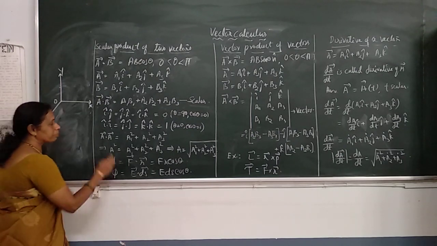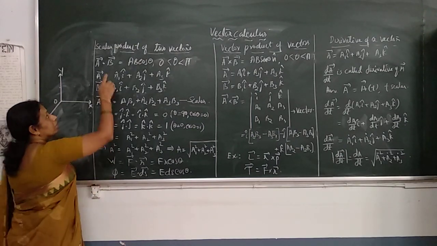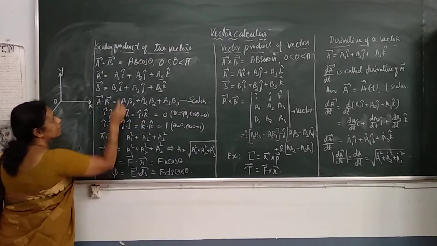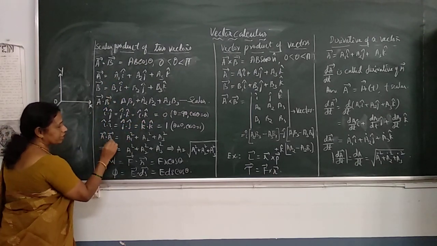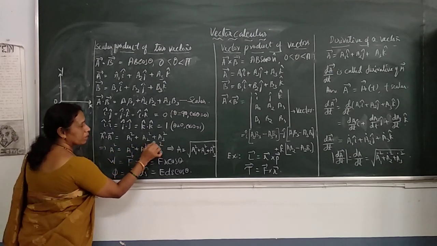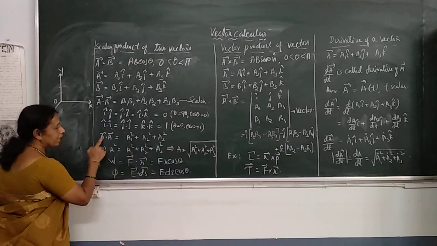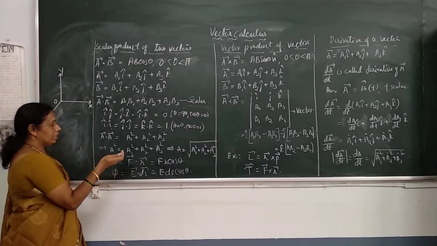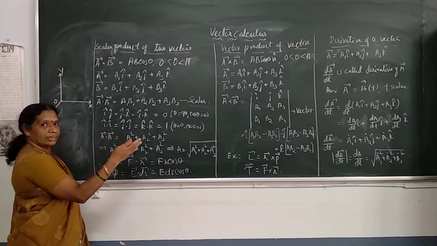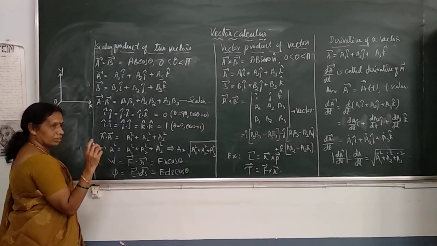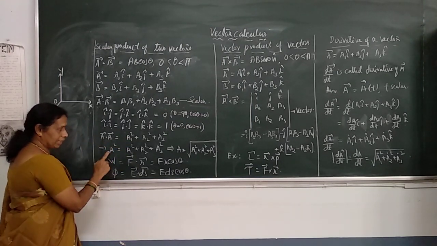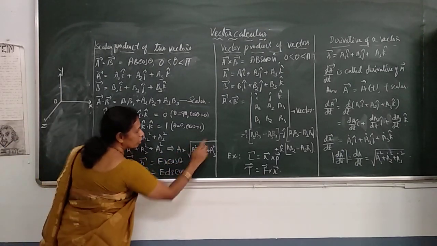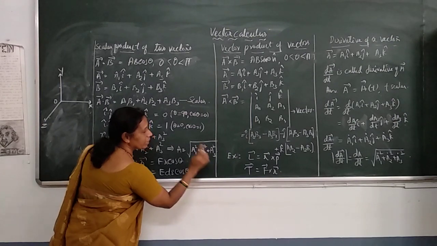If you take the dot product between a and a itself, a vector dot a vector, what do you get? a dot a is a1 square plus a2 square plus a3 square, or a dot a is a a cos theta, theta is 0, that becomes a a into 1, a square equal to this, or from this we get a as square root of a1 square plus a2 square plus a3 square.